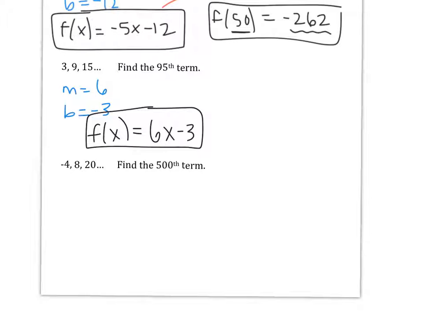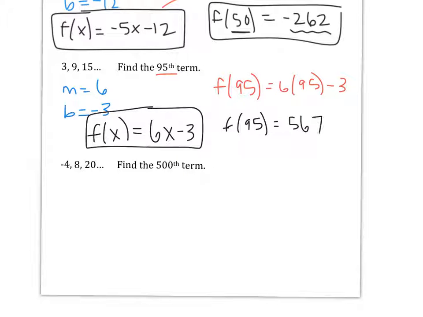Now if I want to find the 95th term, f of 95 equals 6 times 95 minus 3, which is 567. So I can tell my readers the 95th term is 567. And that would be my answer for this second example.